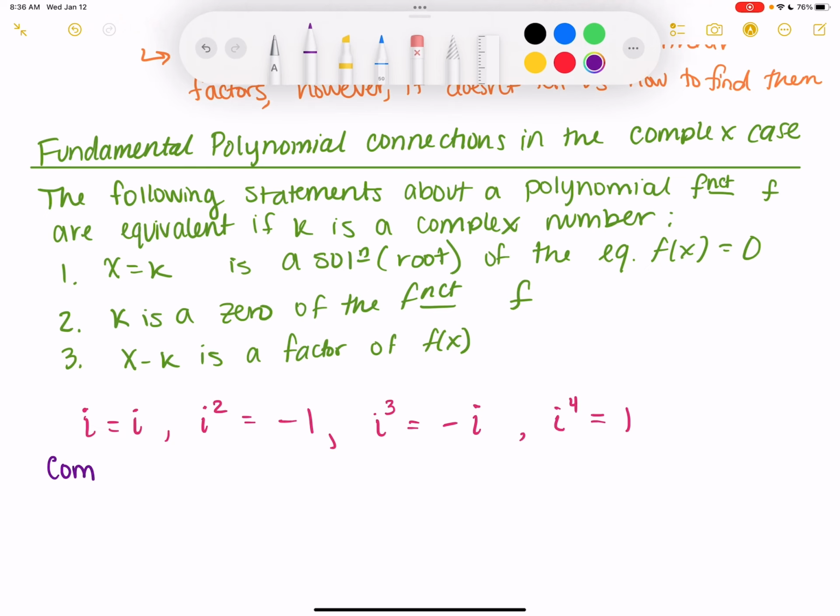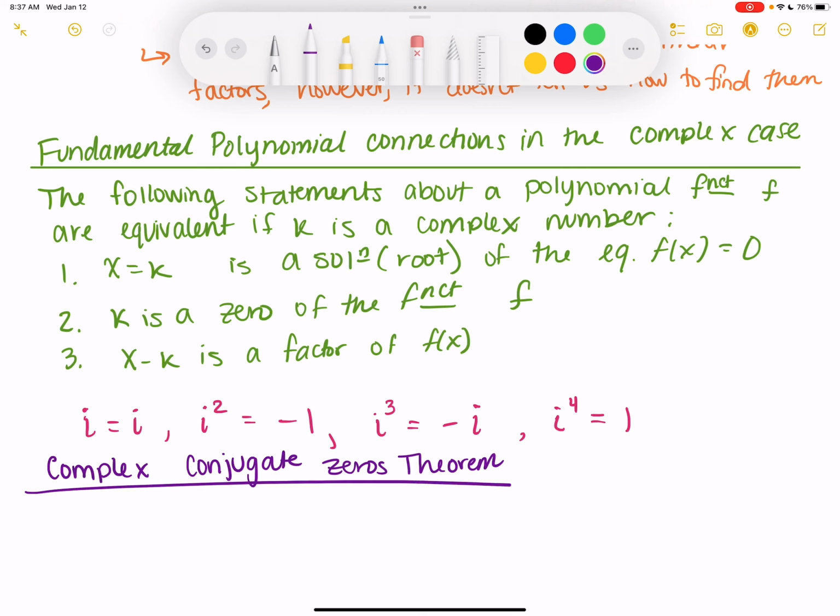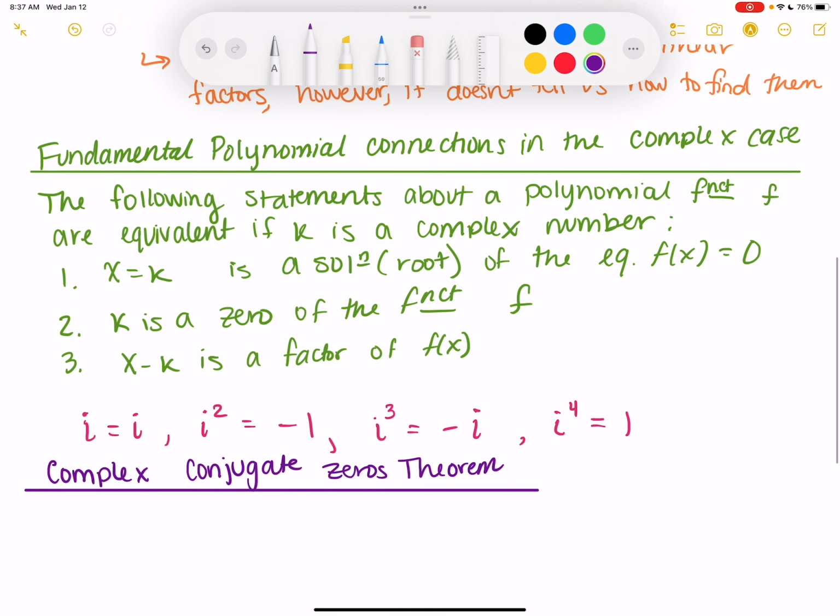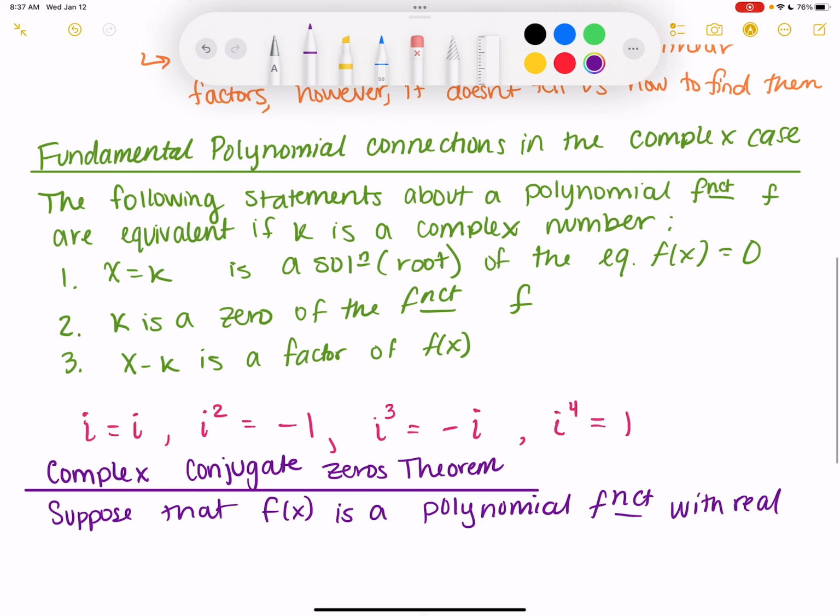Next we have the complex conjugate zeros theorem. So suppose that f of x is a polynomial function with real coefficients.